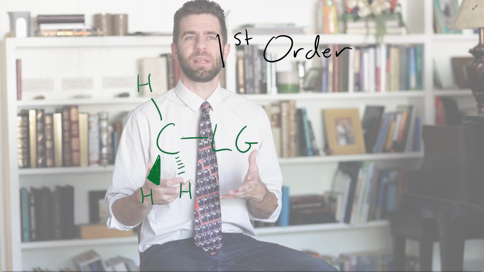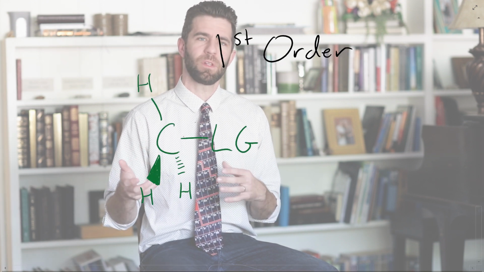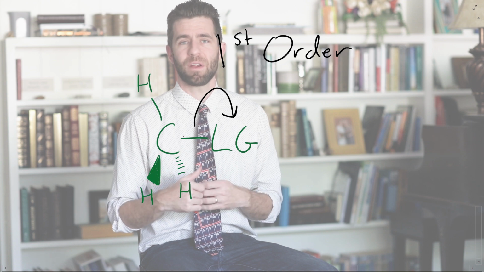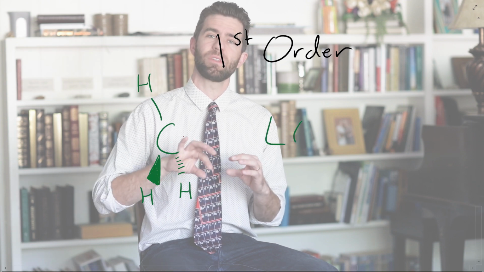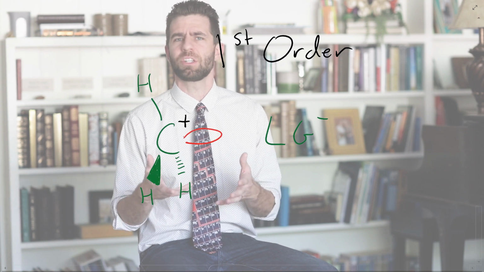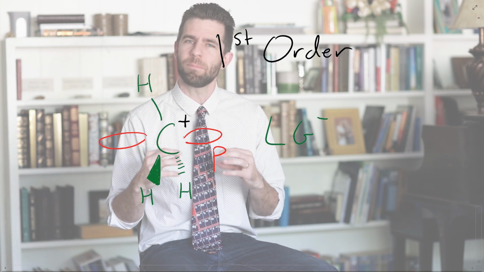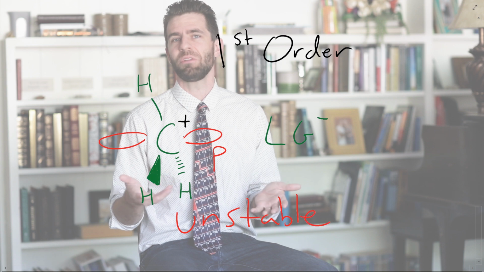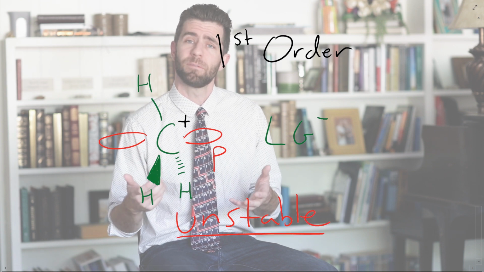Now, what makes this stable? If we look at primary, it's very, very unstable, because as our leaving group leaves in a primary, we only have hydrogens attached and there's nothing to stabilize that empty p orbital that's just lonely by itself and incredibly positive.